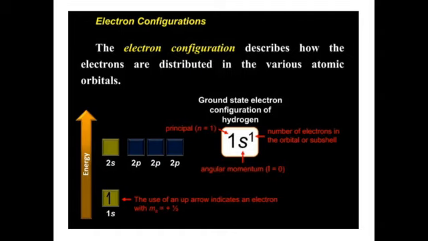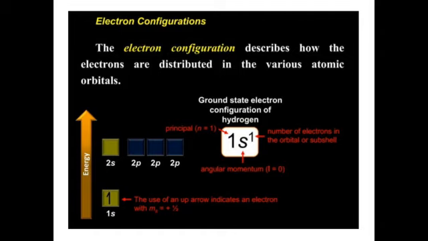Now, these electrons are arranged in levels, according to their energy level. So this topic will be focusing on how these electrons are arranged, how do we arrange them, and of course how do we calculate those arrangements.